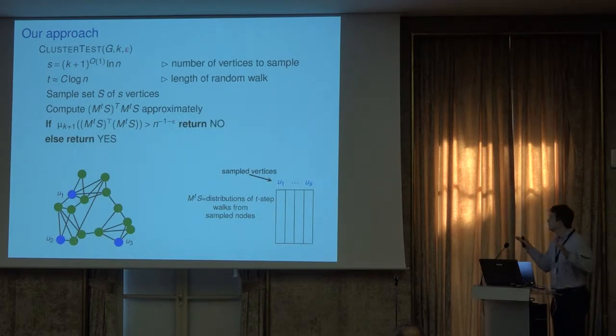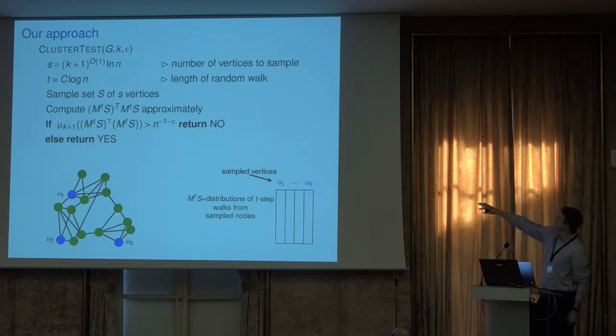All right, so this is finally our algorithm. Again, we sample some set S of vertices uniformly at random in the hopes of hitting every cluster proportionately. Then look at the matrix of t-step random walk distributions and compute the Gram matrix of these distributions approximately.